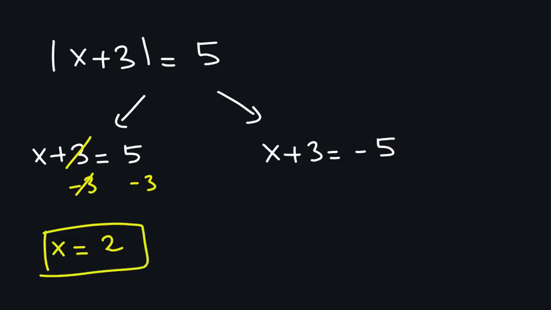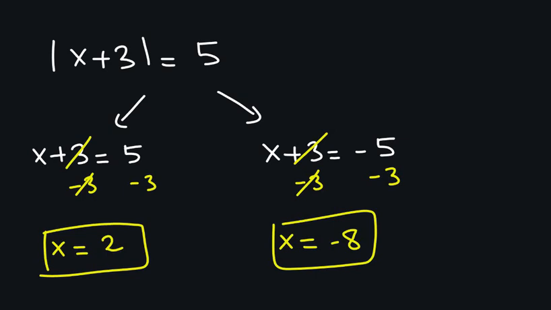As the second option, x plus 3 equals -5. Again, to isolate x, I need to subtract 3 from both sides. On the left side, the 3's are gone. X equals -5 minus 3, which is -8. So these are the two solutions, x equals 2 or x equals -8.